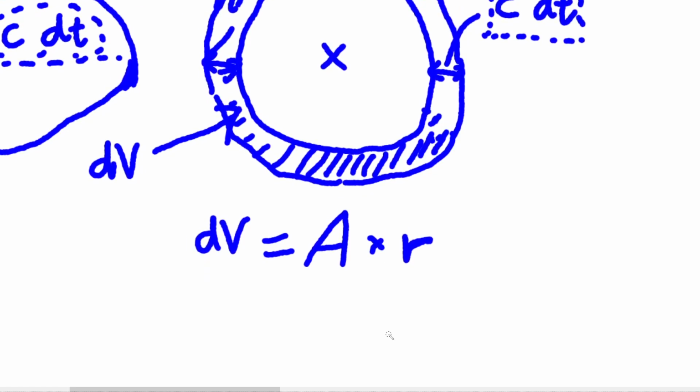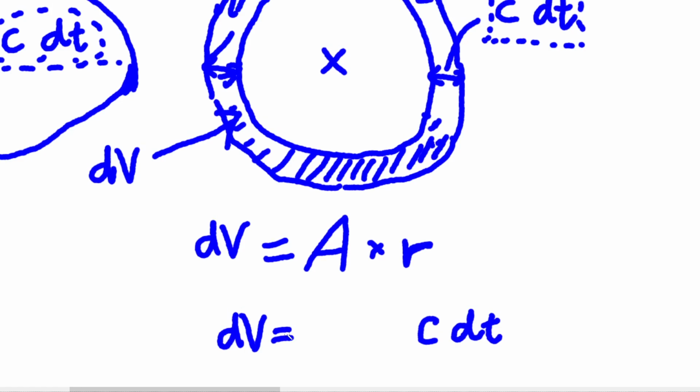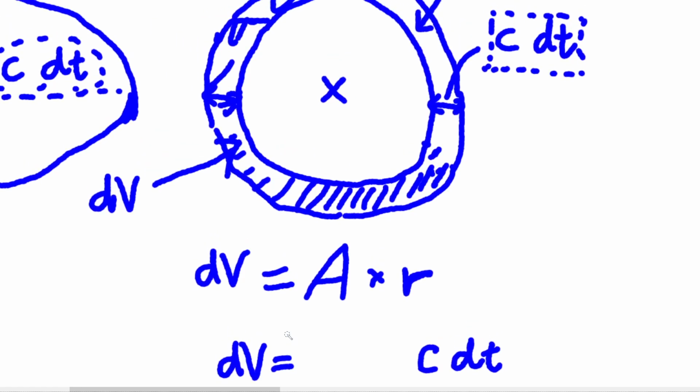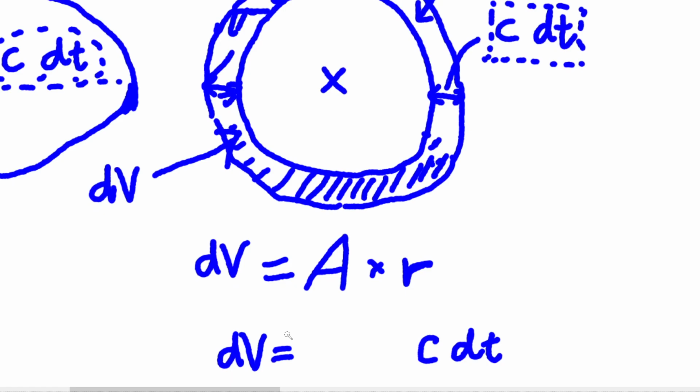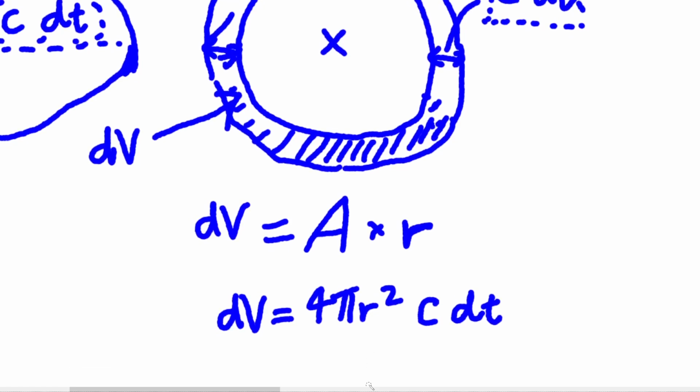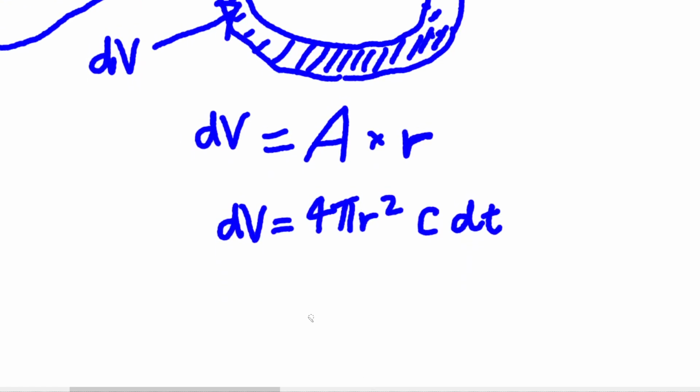And given that this thickness is c dt, and given the fact that we know that the area of a sphere away from the center is going to be 4 pi r squared, we come up with the idea that dv by dt is 4 pi r squared c.